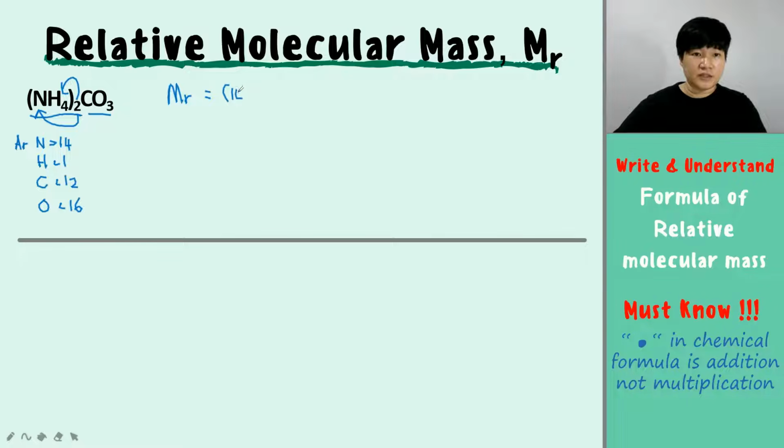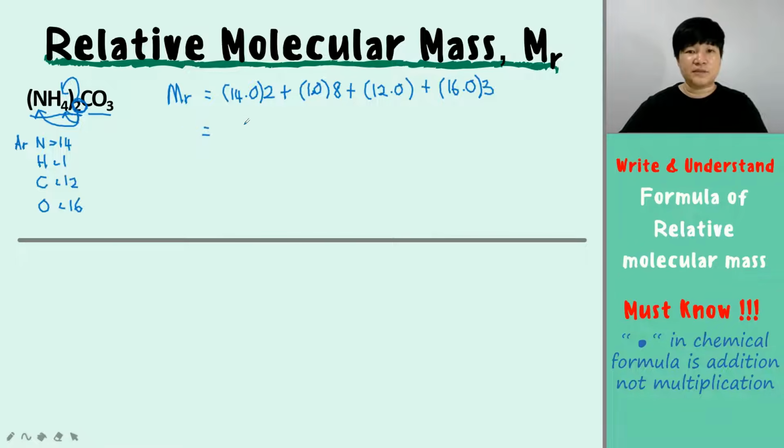Nitrogen is 14 times 2, because of the bracket 2. Hydrogen is 1.0 with 8 of them, because 2 times 4. Plus 1 carbon, which is 12, and 3 oxygen, 16 times 3. You can solve the mathematics easily. The relative molecular mass of ammonium carbonate is 96.